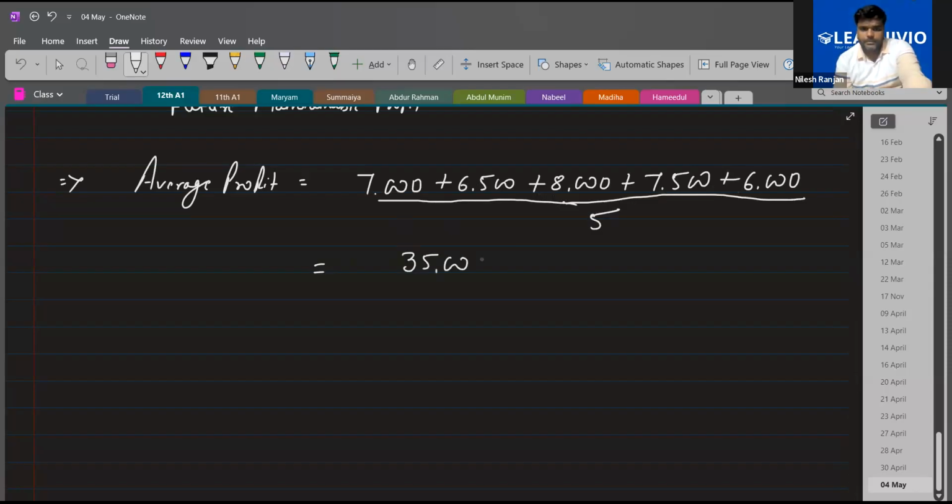That is 35,000 divided by 5. So the average profit we have is 7,000.